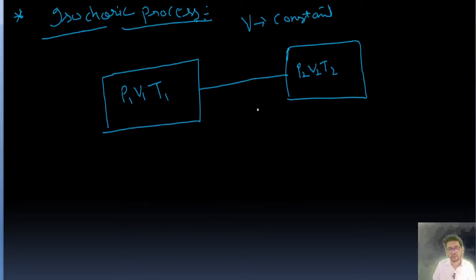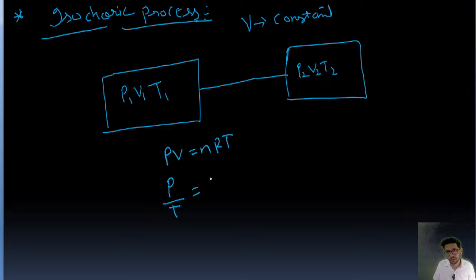So in the isochoric process, we have the ideal gas equation, that is PV equal to nRT, where n is the number of moles, and since V is constant, P upon T is going to be nR upon V, and that part is constant, because V is constant.